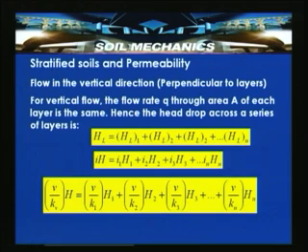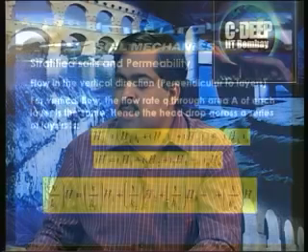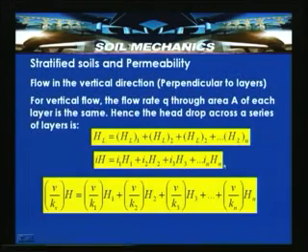That can be simplified by writing HL as I times H, where H is the total thickness of the layers. The head loss occurring in the first layer can be written as I1 times H1, where I1 is the hydraulic gradient in the first layer and H1 is the thickness of the first layer under consideration. Similarly, we can now write IH is equal to I1 H1 plus I2 H2 plus I3 H3 up to In Hn.